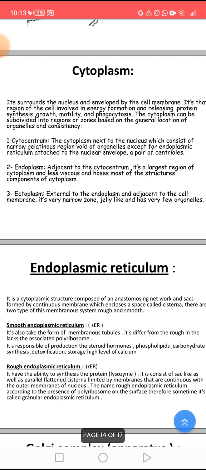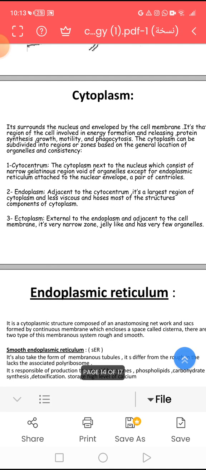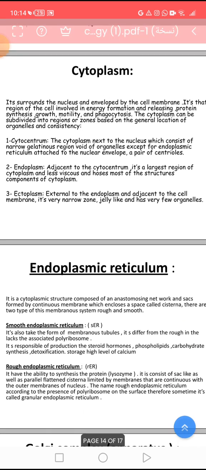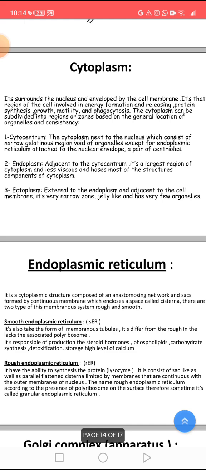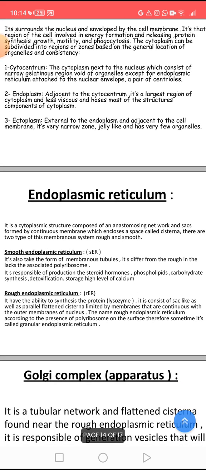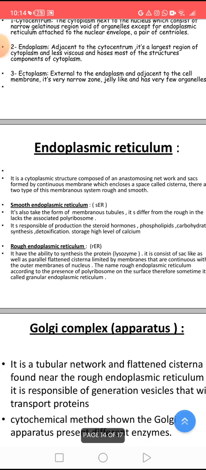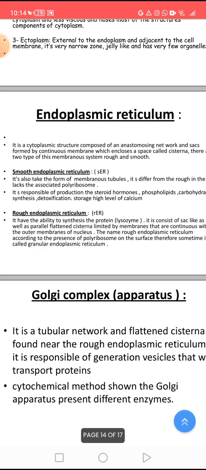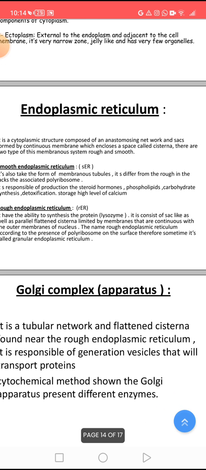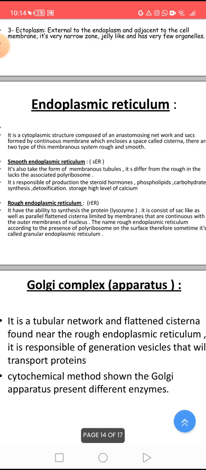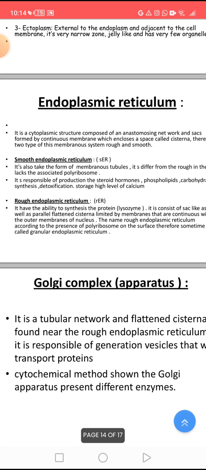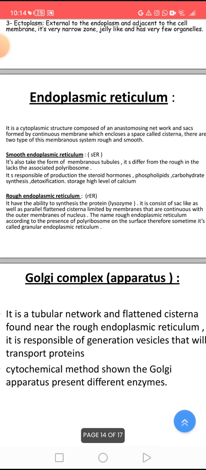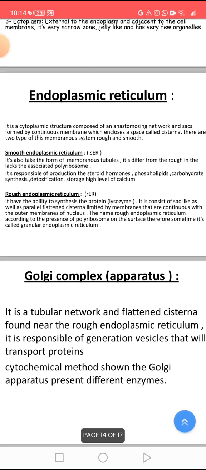The biggest one is the ectoplasm, sorry, I mean the endoplasm is as I explained now, and the ectoplasm is external to the endoplasm, it's gel-like, and there are few organelles there. Okay, endoplasmic reticulum. It's a cytoplasmic structure, an anastomosing network of sacs formed by continuous membrane that encloses a space called cisterna.